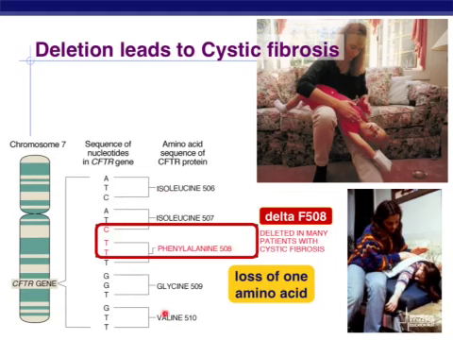If a person has all of these amino acids in this order, they normally don't have cystic fibrosis. They don't have any issues, no disease. But if we lose the codons that give us phenylalanine, then we end up with the condition of cystic fibrosis. So this would be an example of a deletion that leads to a major disease.